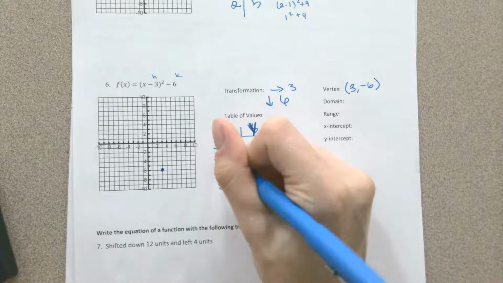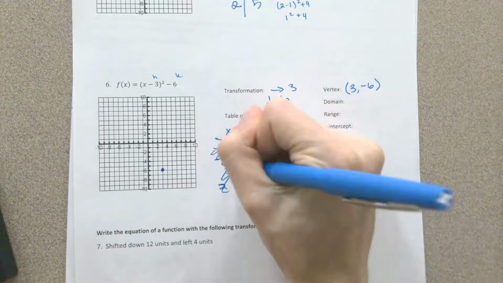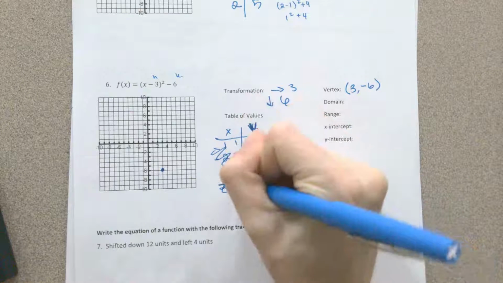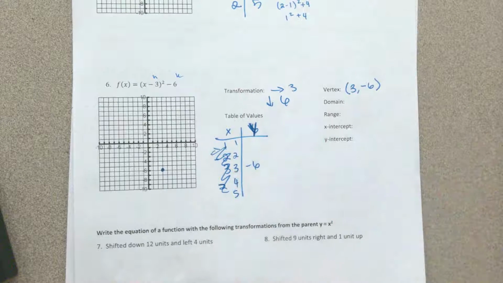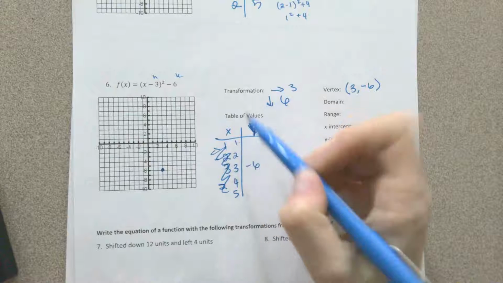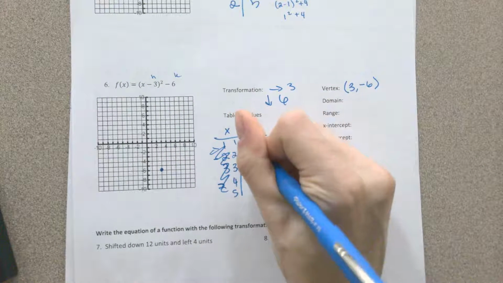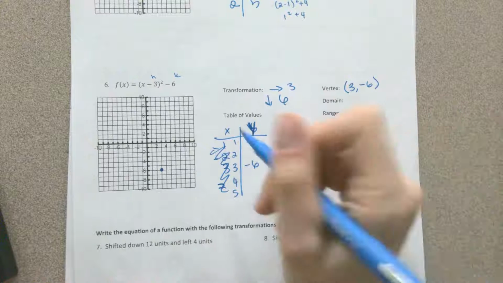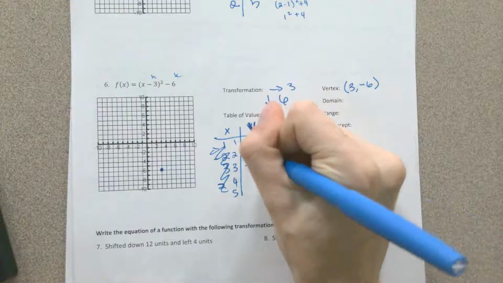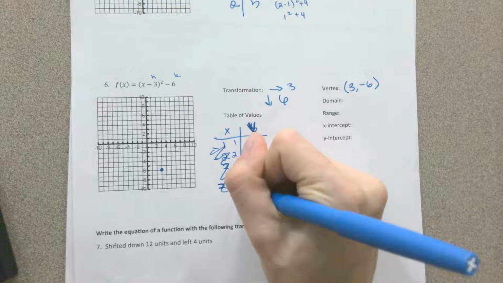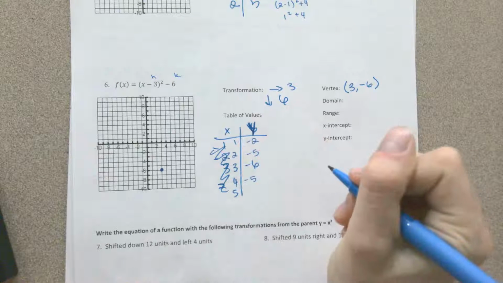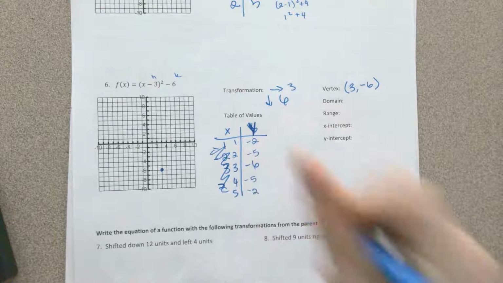Oh my goodness. Let's do 3, 2, 1, 4, and 5. Gosh. Okay, plugging 1 in for x here is going to get me -2. You guys know how to do this. Plugging 2 in for x gets me -5. Plugging 4 in for x gets me -5. Plugging 5 in for x gets me -2.